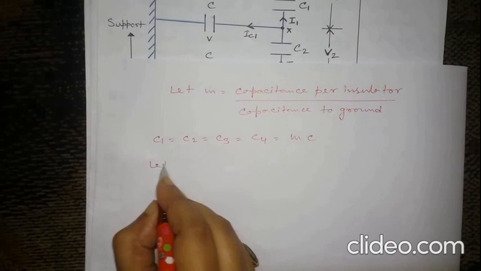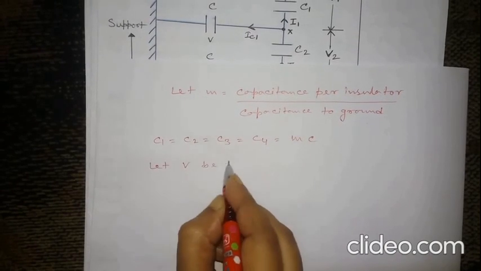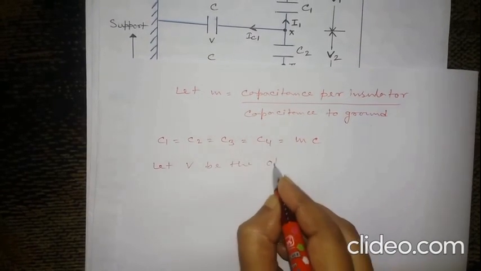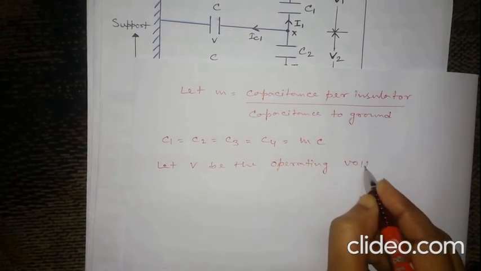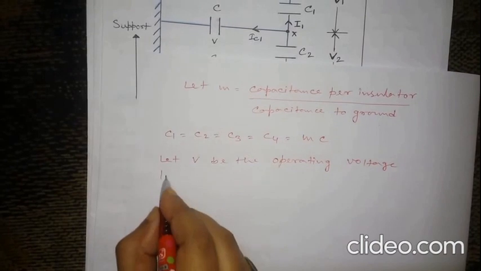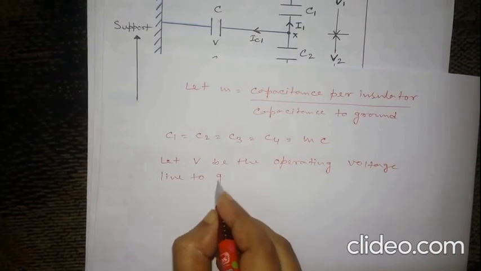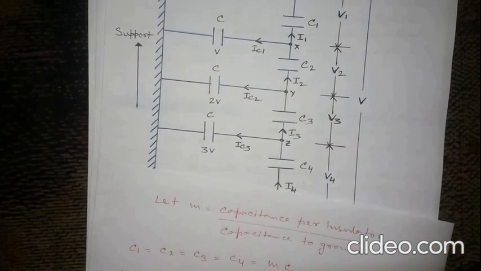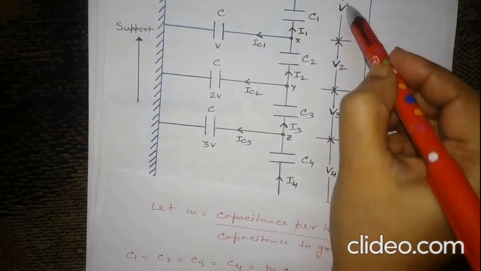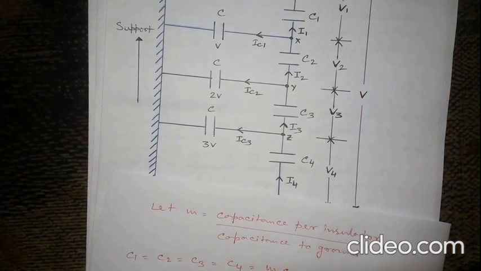Now let V be the operating voltage, that means line to ground, that is V. And V equal to V1 plus V2 plus V3 plus V4.